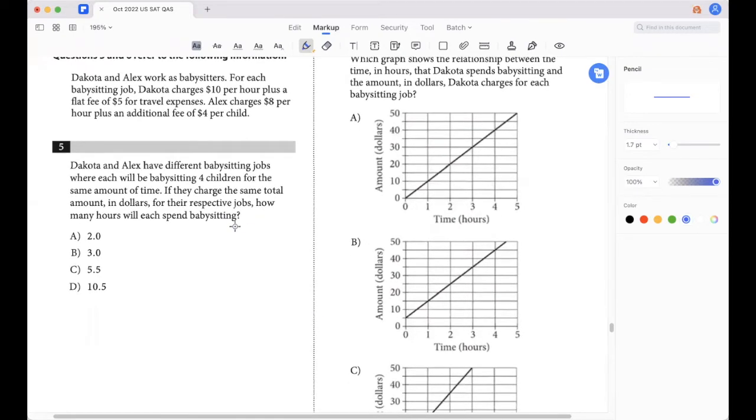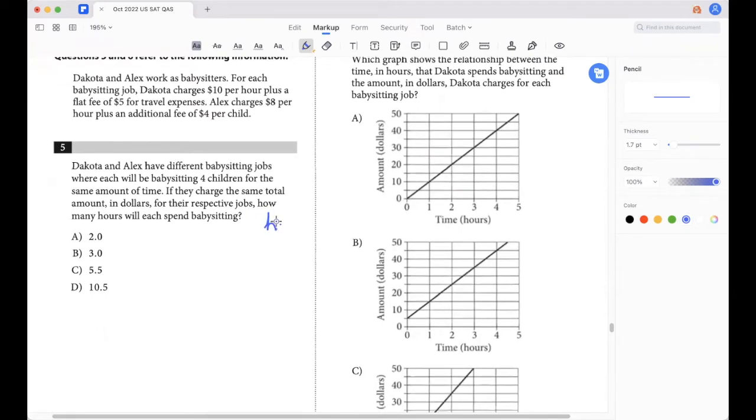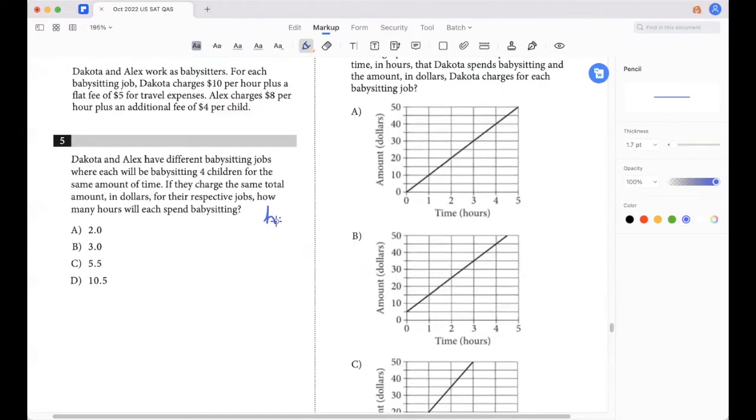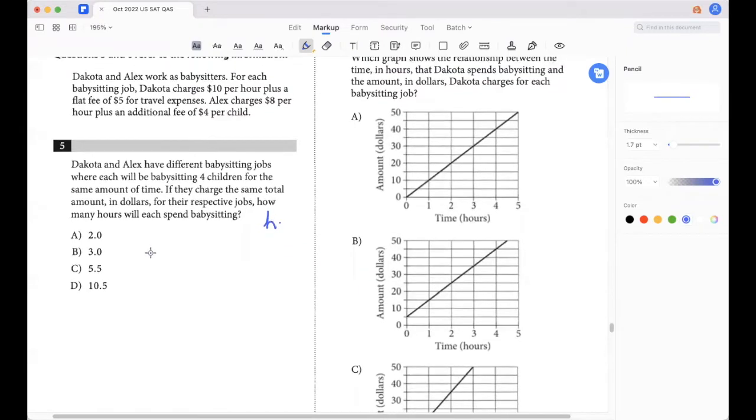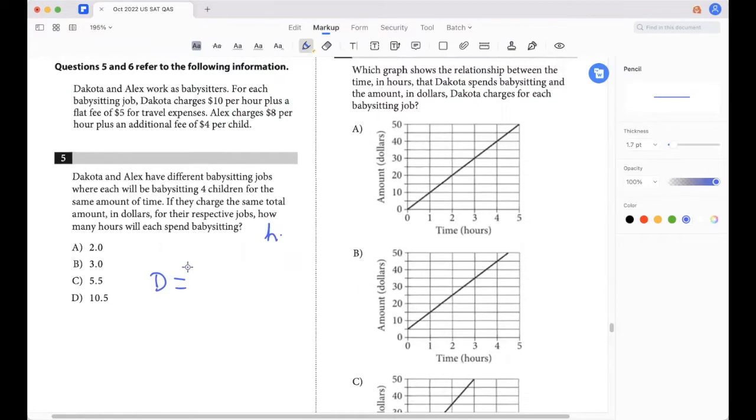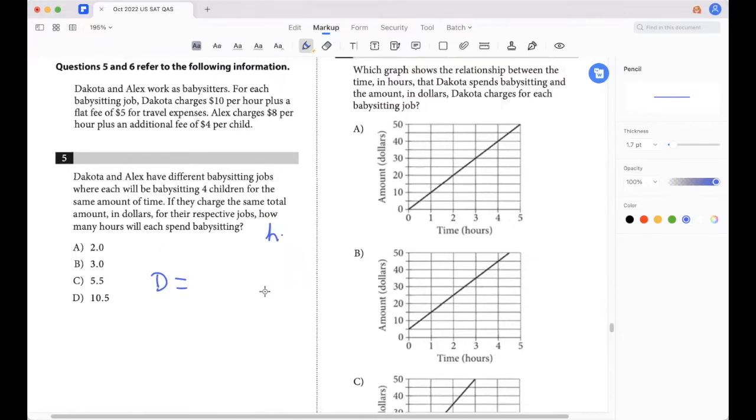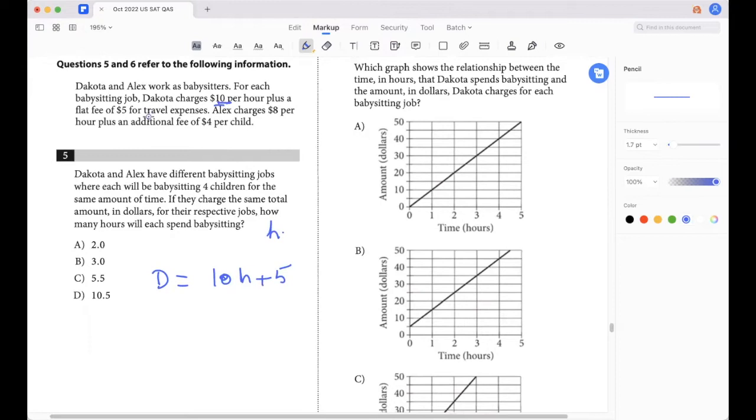Okay, so let's say the number of hours is H for both of them, and the same amount of time, right? So what is the total for Dakota? For Dakota, it would be 10H plus 5, because for H hours, she'll charge 10H and then 5 for travel expenses.